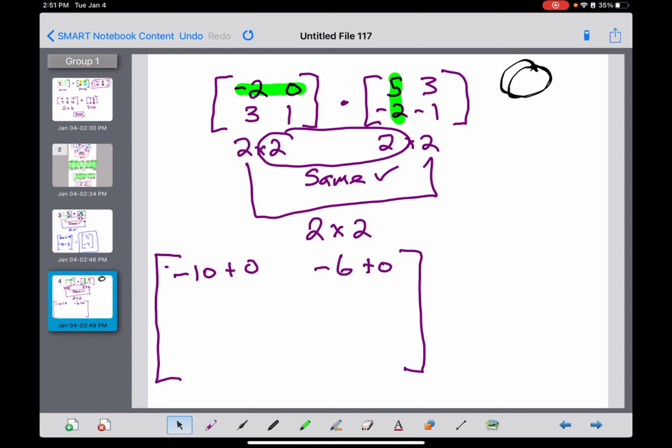I'm going to move both of them now because I've gone all the way across. Now we move down and over back. 3 times 5, 15. Plus -2.